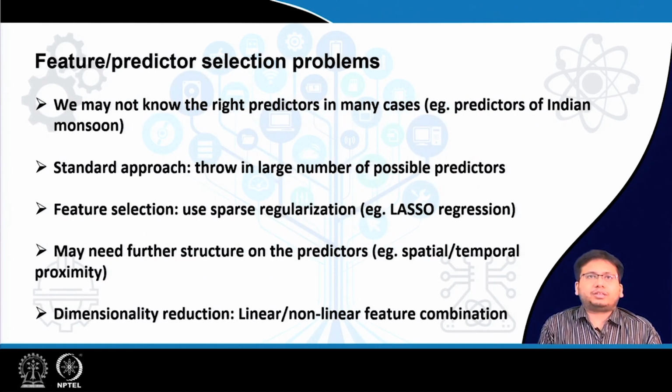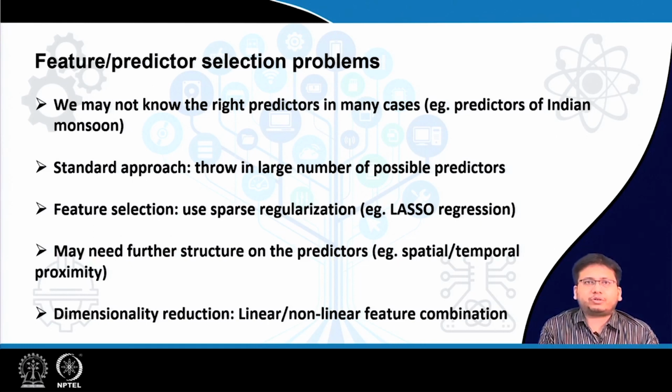Now, in machine learning there is this set of approaches known as feature selection approaches. The idea is that we have a very large number of features, let us say a very high dimensional input vector, which are to be used as input to some kind of prediction algorithm.